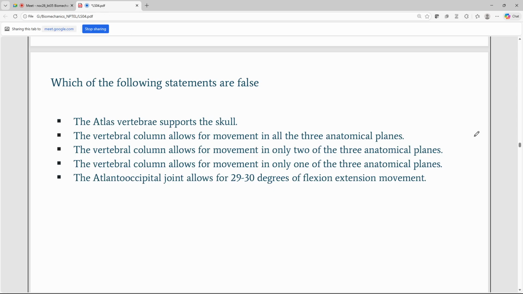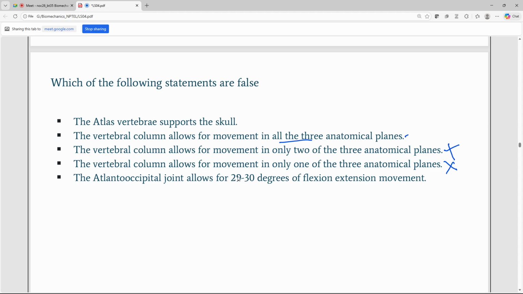Okay, the false statements among these are options 3 and 4. That is, the vertebral column allows movement in only two and in only one. That is because the vertebral column allows movement in all three anatomical planes. So when this statement is true, the other two become wrong.